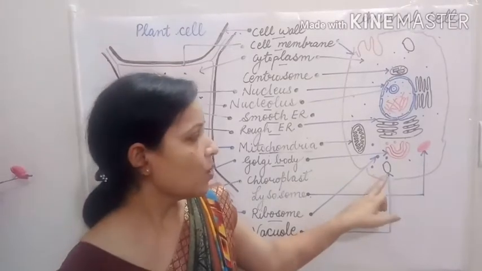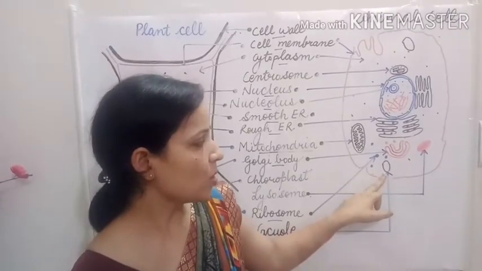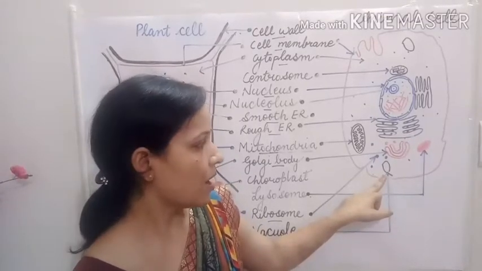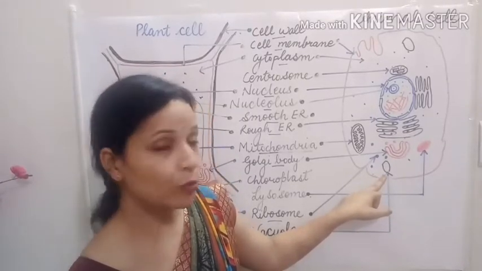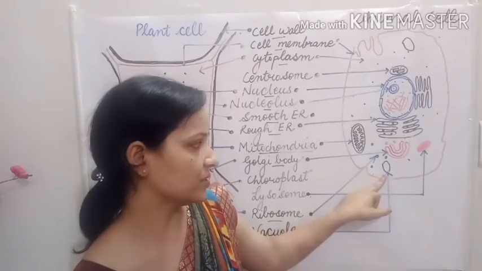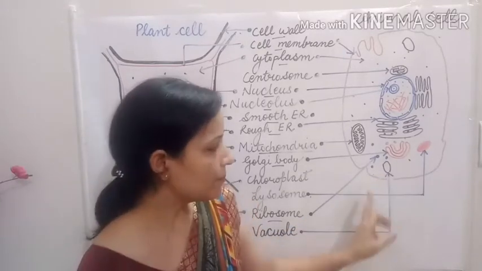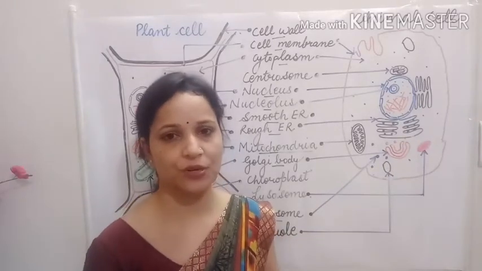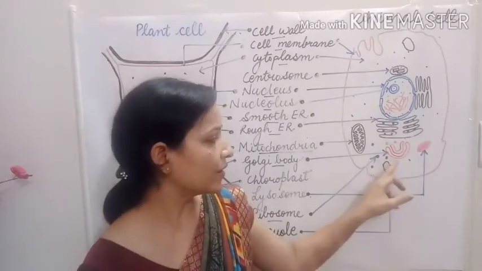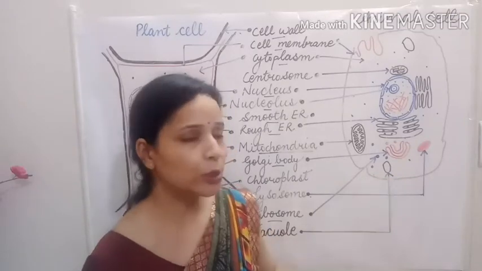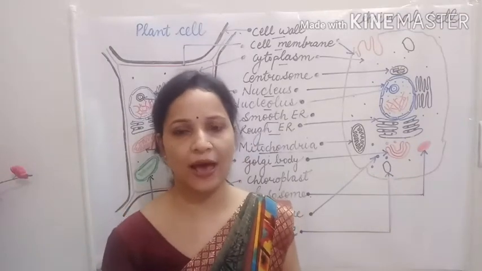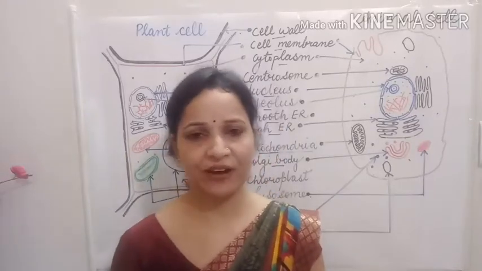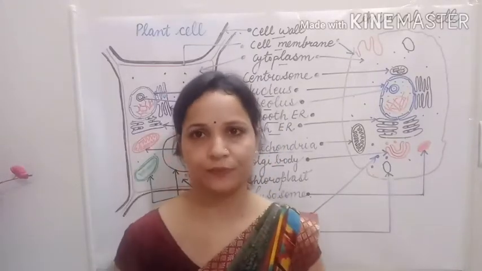Vacuoles are bag-like structure which contains minerals dissolved in water, and they store food, water and waste. The membrane of vacuole is known as tonoplast. Vacuole also contain liquid-like substance that is known as cell sap. So these are the important facts about vacuoles.